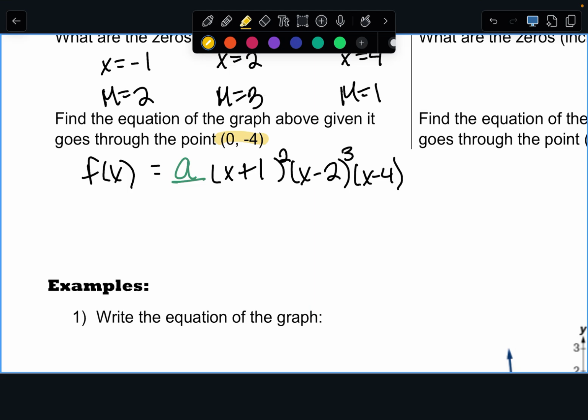We take a point off of our graph, and we're going to plug it in to find A. So I'm going to plug 0 and -4 into X and Y to get A. You probably did this a lot in Algebra 1 when you were trying to find B, like your y-intercept, okay?